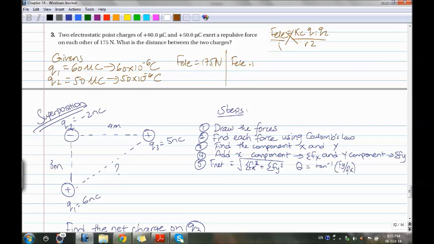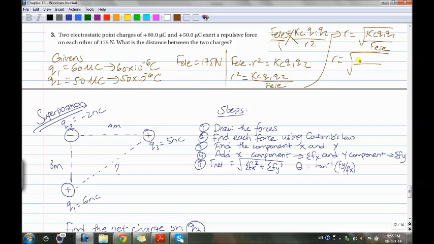The electric force times the distance squared equals Kc Q1 Q2, so r equals the radical of Kc Q1 Q2 over the force.